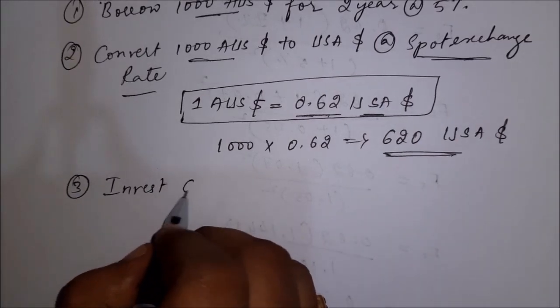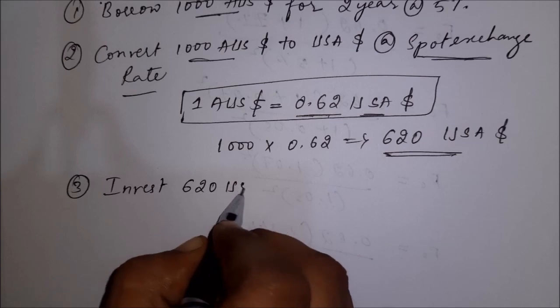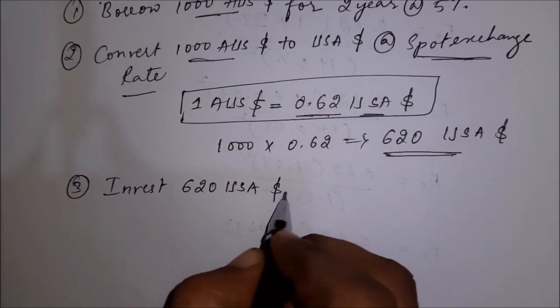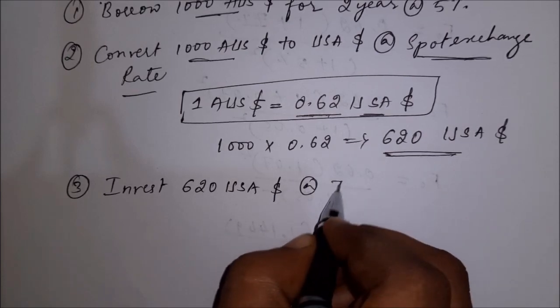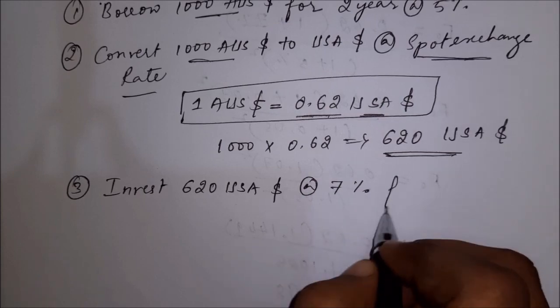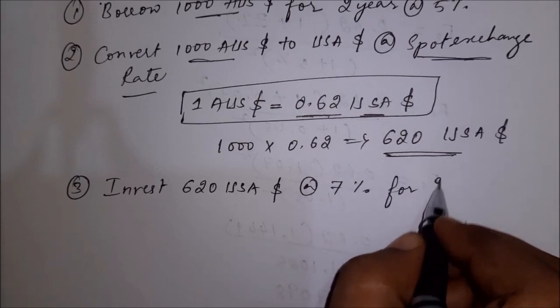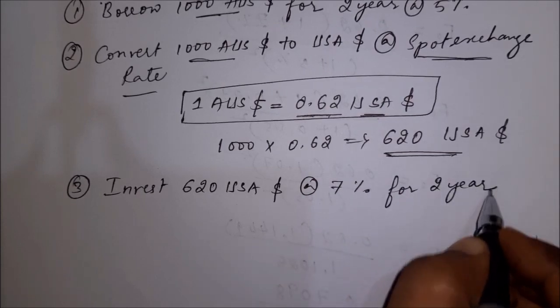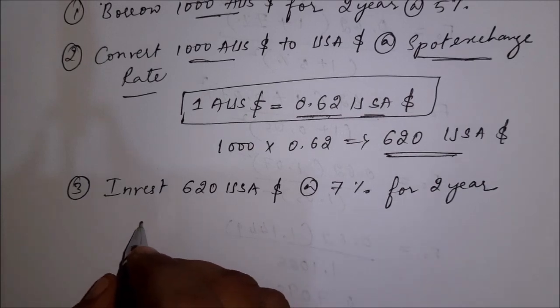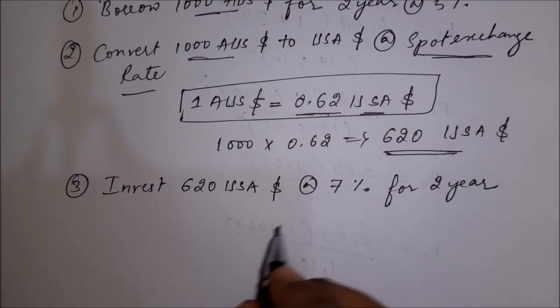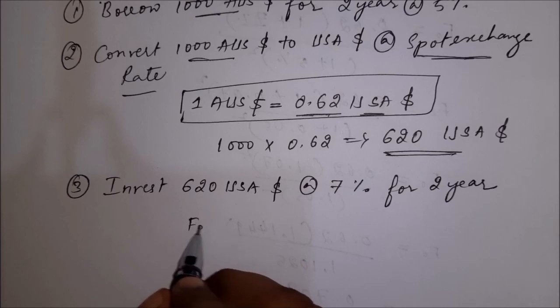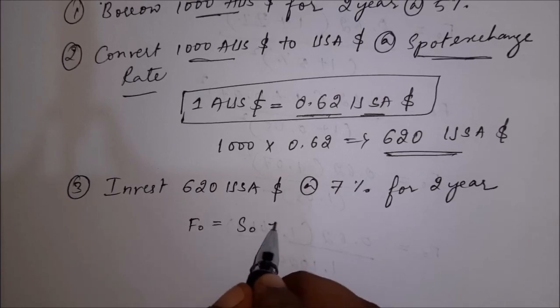So third step, now we have converted, and we have to invest here. How much will you invest? Here we are investing 620 USA dollar at a rate of interest 7% for 2 years. So we have to calculate the forward price to know how much we will get in the future with interest.